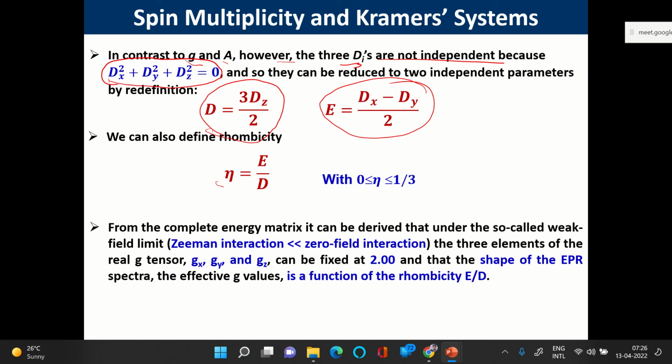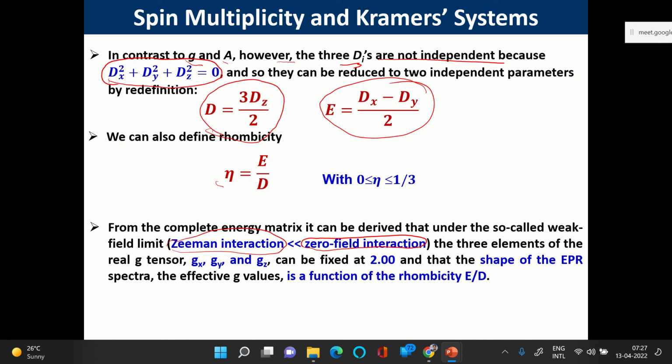We have already discussed that zero field interaction is much bigger than the Zeeman interaction. And we have gx, gy, gz as separate components of g along x, y, and z. Suppose gx, gy, gz are fixed at 2, then what will be the shape of the spectrum, the effective g values, when we have such interactions?